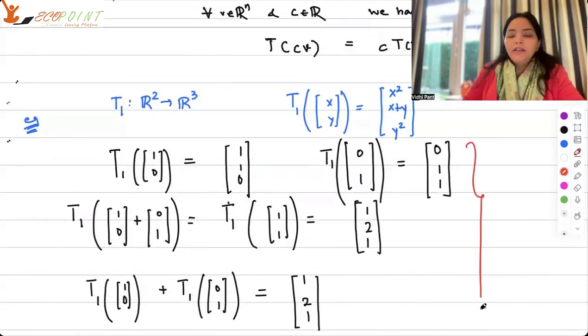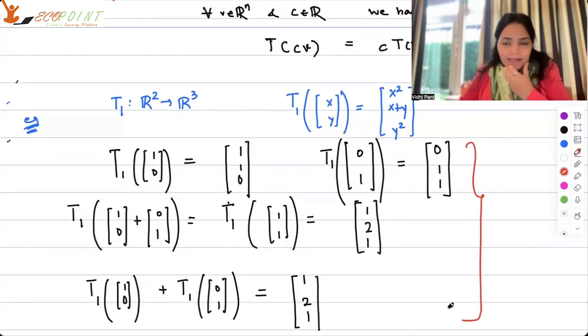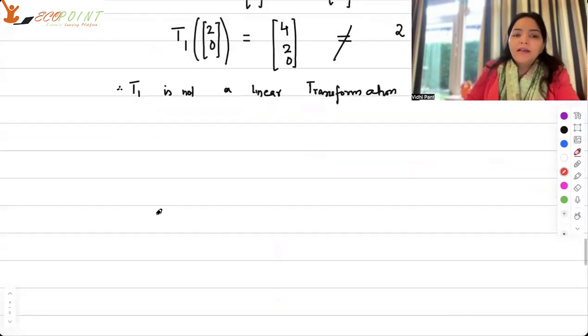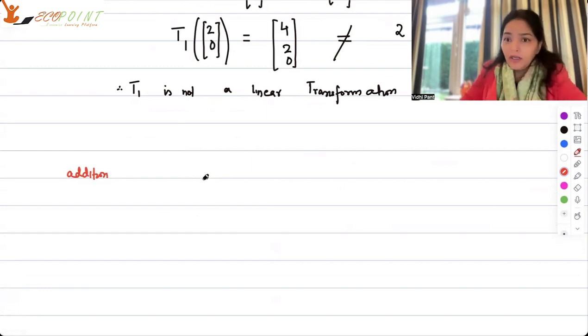The method I used here was taking an example and working it out. You can also generalize it. For example, for the addition part, is the addition happening for all vectors? Let's see. Consider two vectors (x1, y1) and (x2, y2).